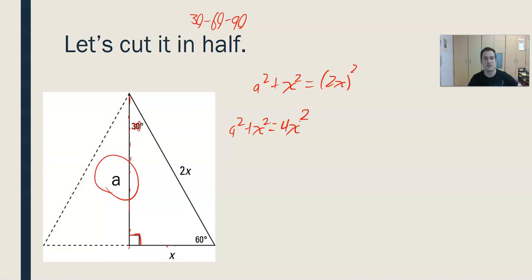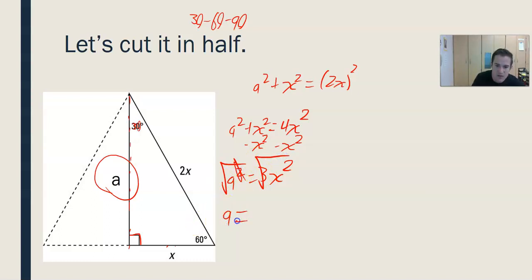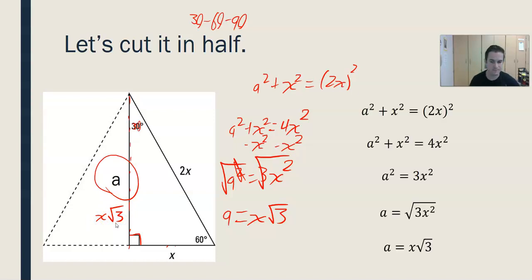Well, if I'm trying to solve for a, I'm going to get everything else on the other side. So I'm going to subtract an x squared on both sides and get a squared equals 3x squared. To get a by itself, I'm going to square root. I'm going to be left with a equals the square root of x squared, that can come out as an x, and I'm left with the square root of 3. So this side right here is x times the square root of 3.